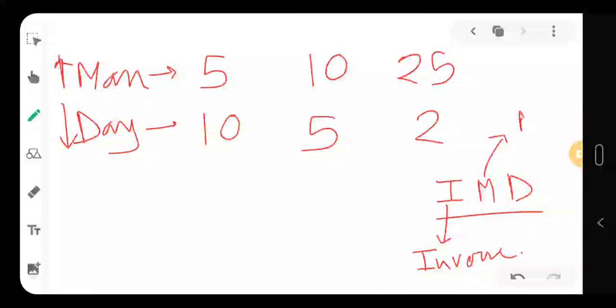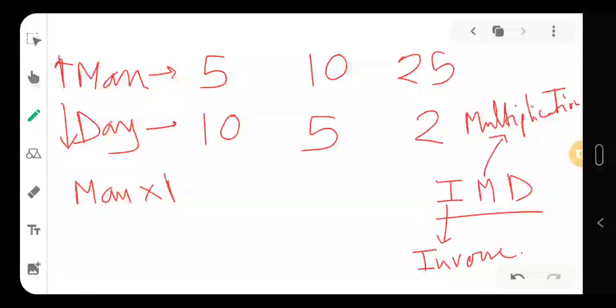And here comes the multiplication. Now, if I remember this, you can see clearly that men into days, if I do it for all of them, will come to 50. 5 tens are 50, 10 fives are 50, 25 twos are 50.